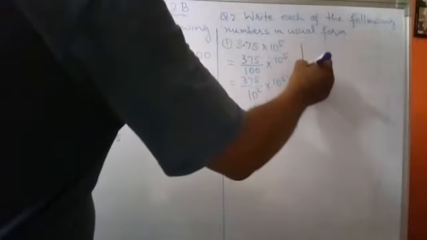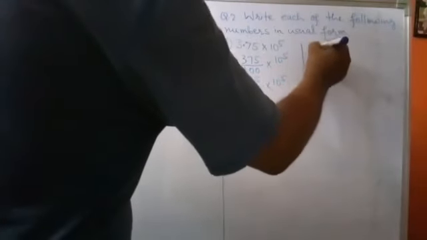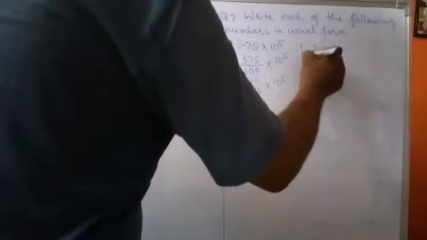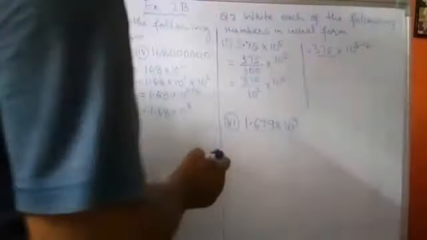Next step: 375 into 10 to the power 5. This 10 to the power 2 is to be shifted, and that becomes 10 to the power minus 2.